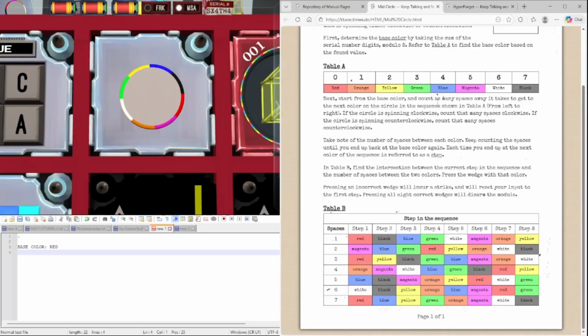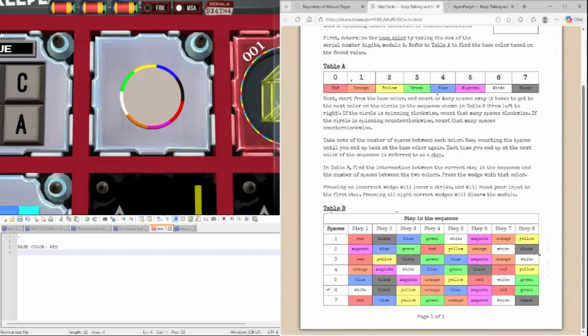Next, start from the base color and count as many spaces away it takes to get to the next color on the circle in the sequence shown in Table A. From left to right, circles blink clockwise.